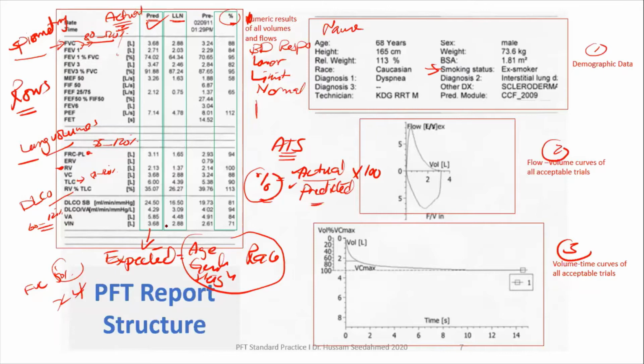So again, the PFT report contains these 4 components. Number 1, the patient demographic data, which is important. It can have the name of the patient or the ID according to the institute, definitely his age, his height. Last time we learned how you should do the proper measuring of the height. The height is important.